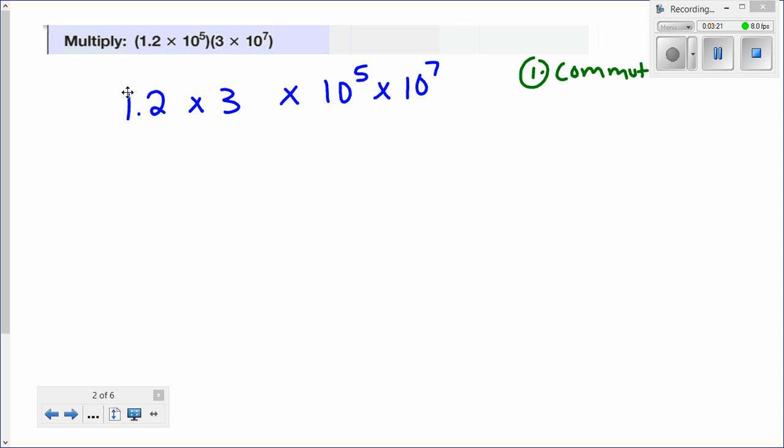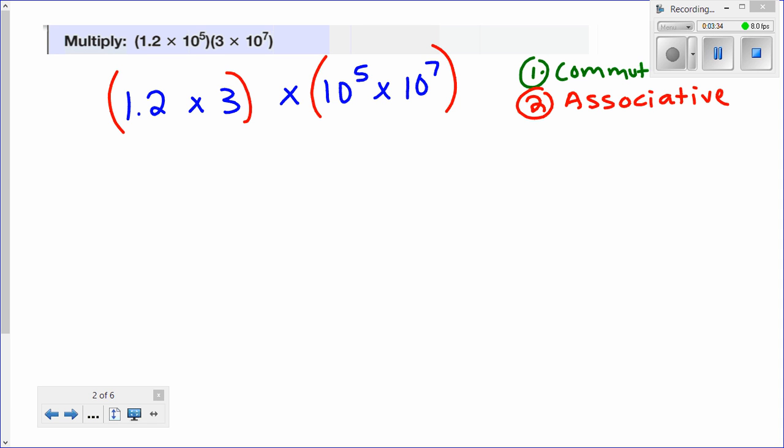And then I'm going to use red to show you the associative property, and the associative property is going to be done like so. So that's going to show you we're going to multiply the numbers on the left, and we're going to multiply the numbers on the right, and then we're going to combine them.